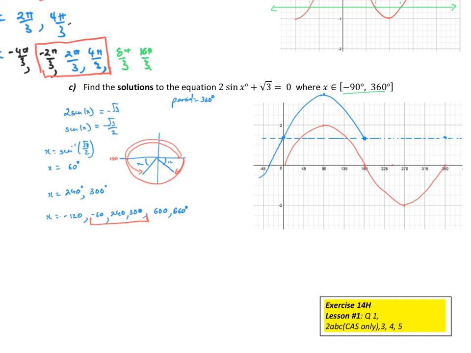Maybe 300, so maybe we're going to come down through there, up like that. And obviously at this back end, the other angle should be at -60, which is back here somewhere. So it must come down about through like that.